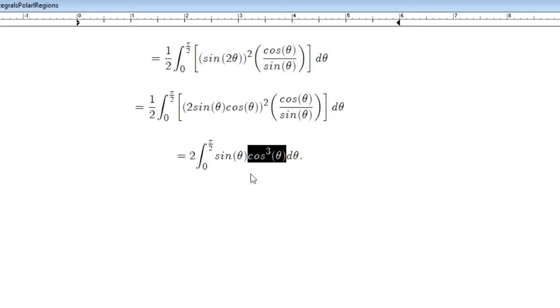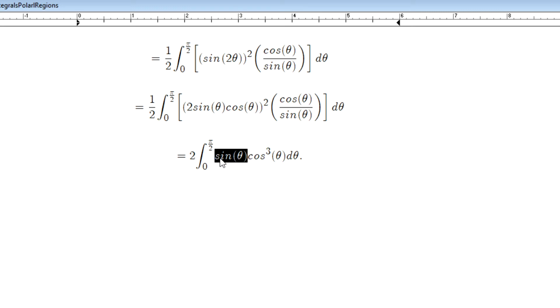And there is a suggested strategy for this. And if you recall that strategy says, first of all, pull out what you might call one factor of sine theta and convert the other even factors of sine theta into cosine of theta, put them in terms of cosine theta.